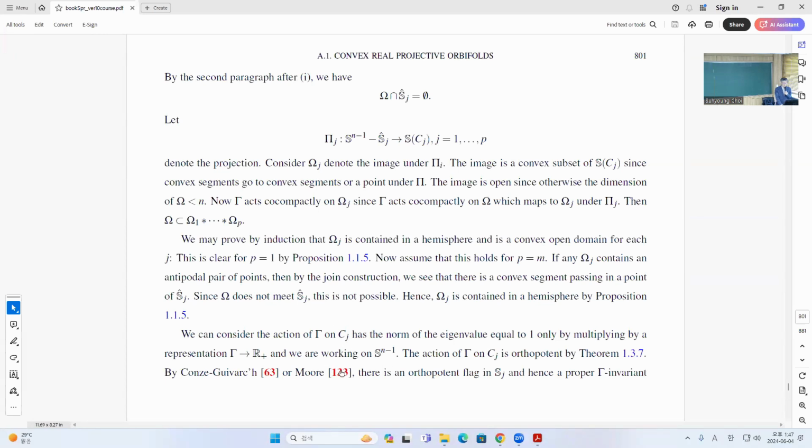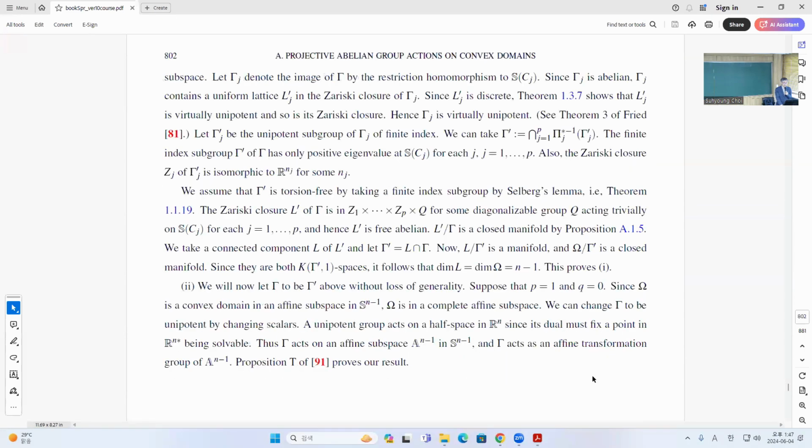so now we consider the action of gamma on CJ with only eigenvalue equal to 1 by just multiplying by some holonomy homomorphism. I mean the homomorphism like this. So these will now also be unipotent. And then there's also a unipotent flag in Sj, and hence a proper gamma invariant subspace.